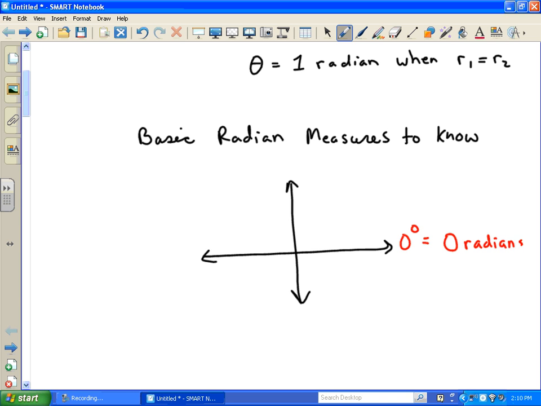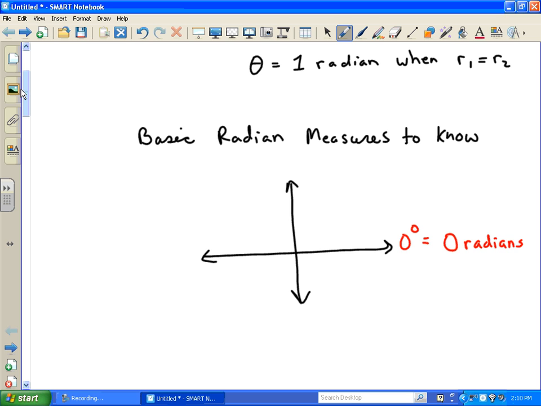Now, something tricky about radians is this. It's not incorrect to write 0 radians, but y'all can see that after a while, writing the radians is going to become tedious. And so what has happened is, if you have a unit on your value, 0 degrees, it's obviously in degrees.